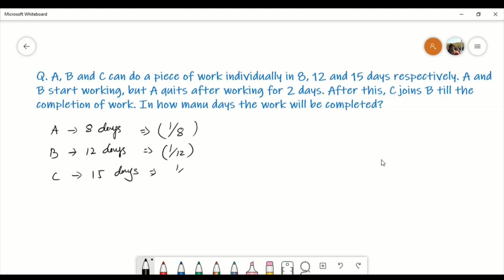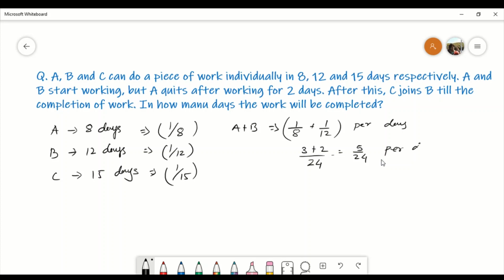So C will do 1 upon 15 unit of work per day. So now A and B have started the work. So A plus B can do 1 upon 8 plus 1 upon 12 work per day, which is, so this is 24, this is 3 plus 2, which is 5 upon 24 unit of work per day.